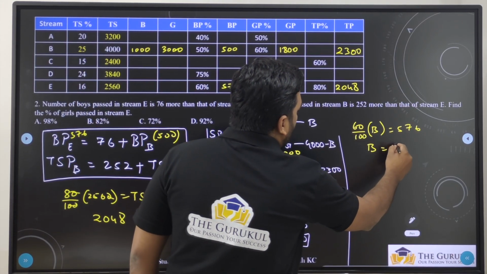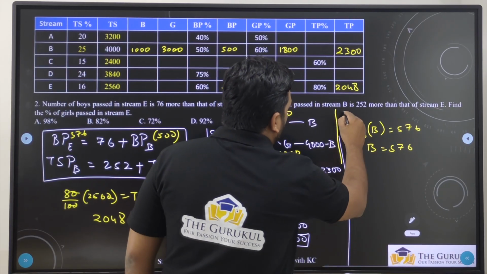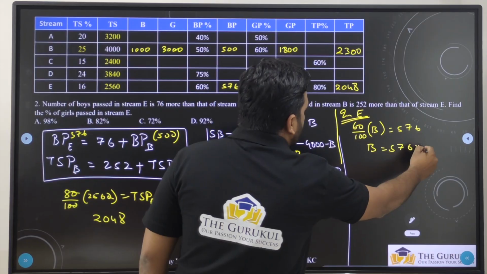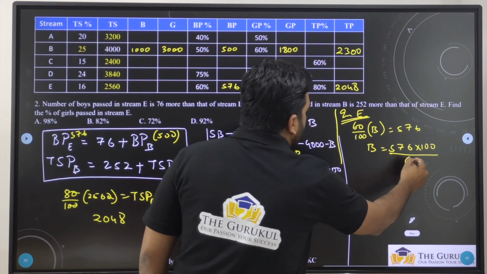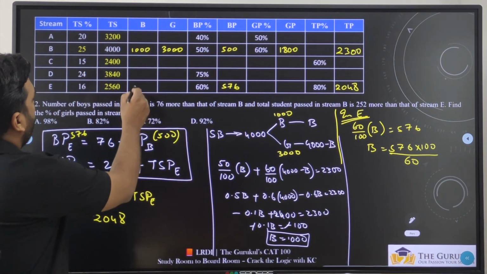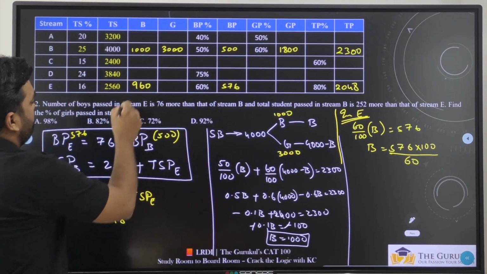Then boys in stream E will be equal to 576 into 100 by 60. Calculate how many boys are there. Perfect. Boys will be equal to 960.